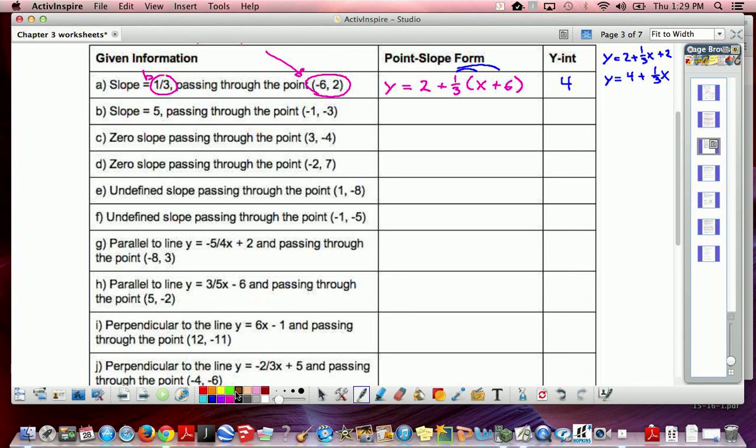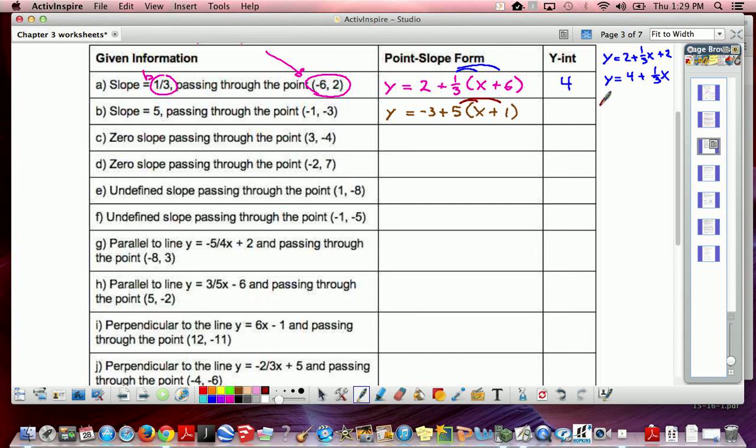All right, number 2 is done in the same fashion. So I have y equals, my y-intercept is -3, plus my slope is 5, x minus a -1 makes it a +1. Just like I did over on this side, I need to distribute to help myself figure out the y-intercept.